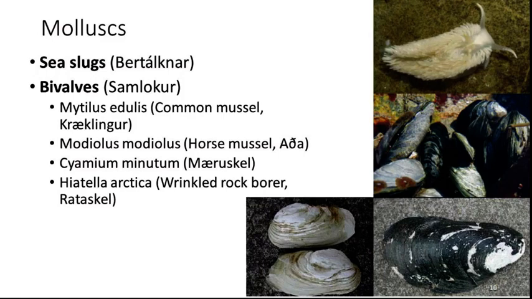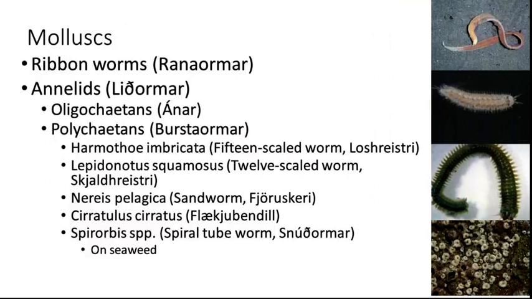Let's look at other animals. For example, the ribbon worms, which you can see on the top picture. It's a flat worm that can be found in puddles and usually where some water is when the tide is out, but they prefer swimming around. They don't like lying on the dry rock. They look a little bit like a ribbon, hence the name. But then we have another group called annelids.